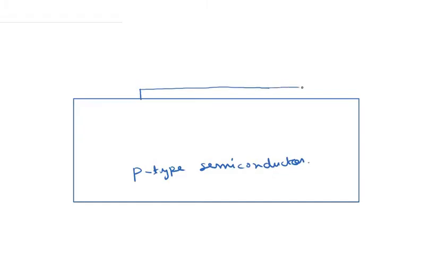Let us consider a block of P semiconductor here. So this is P type semiconductor. On top of this semiconductor, we fabricate a layer of oxide. Preferably, if this P type semiconductor is silicon, then this oxide is silicon dioxide.